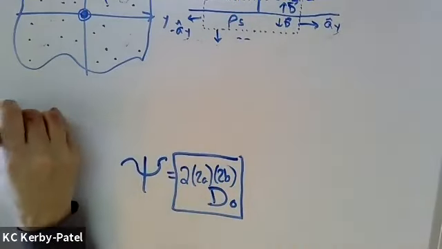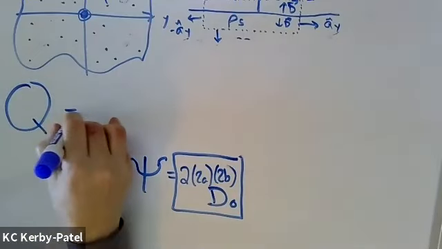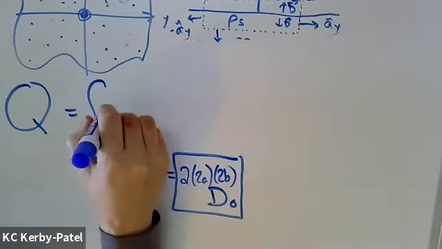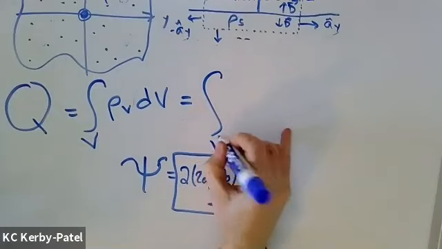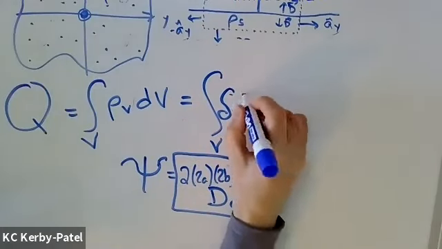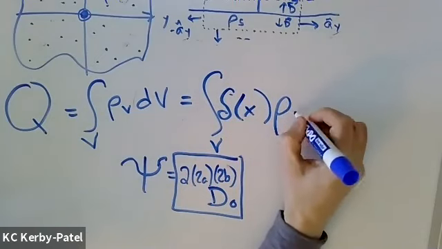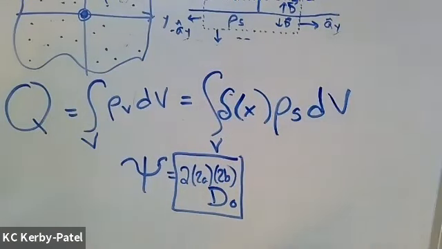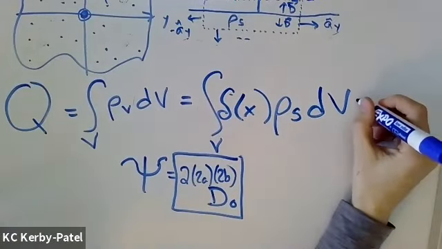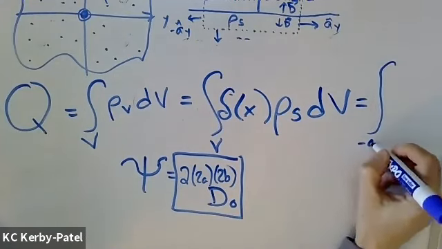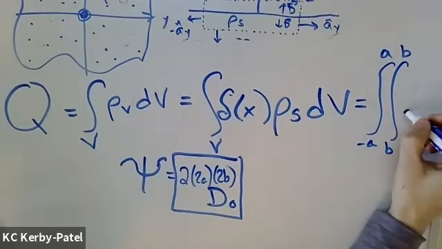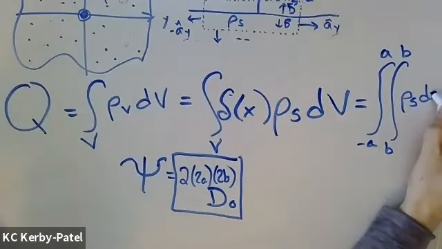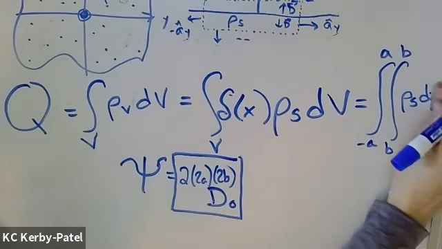So we can write that the enclosed charge is equal to the volume integral of rho v dv, which is equal to the volume integral of delta of x, rho s dv. When we evaluate the x portion of that integral, we end up with an integral from minus a to a, from minus b to b of our surface charge density dy dz, excuse me.